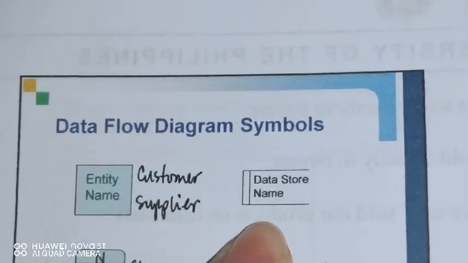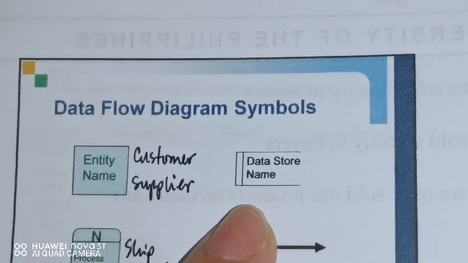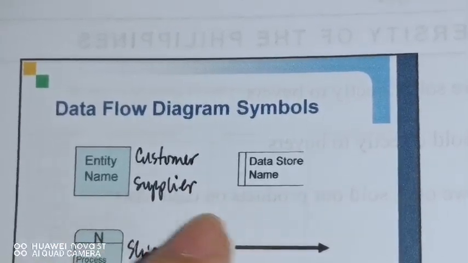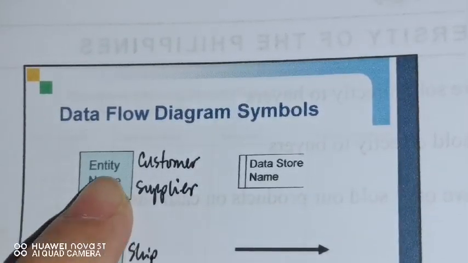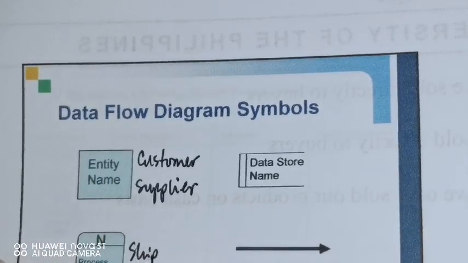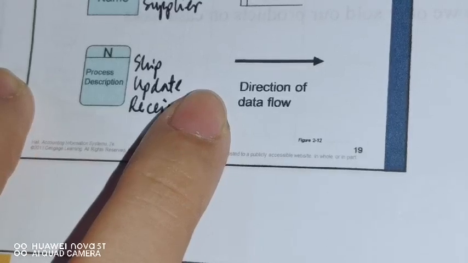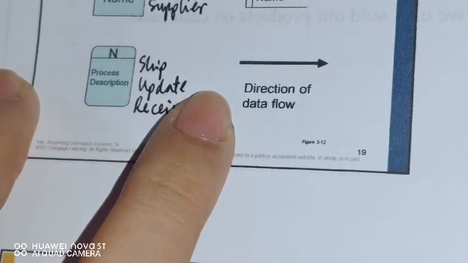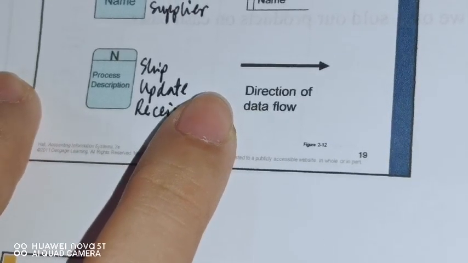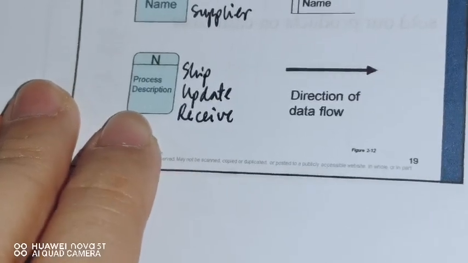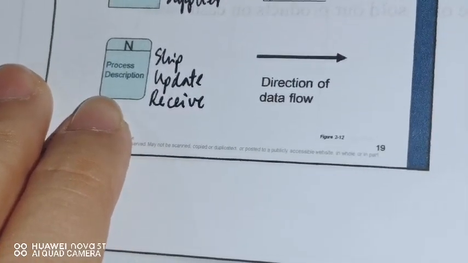Okay. And then data store name. So yan, dyan papasok yung entity name. Okay. And then direction of data flow. Dito sa direction of data flow, it shows kung paano ba yung magiging flow nung process description. Okay?